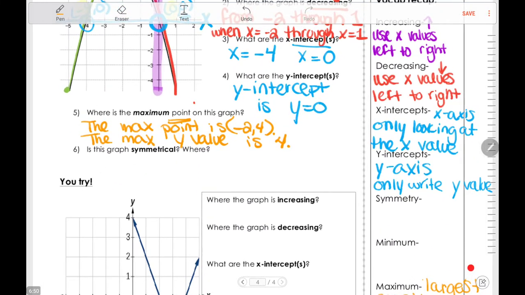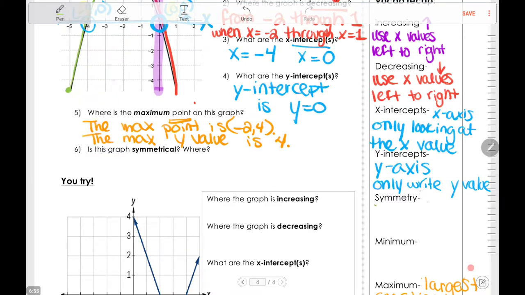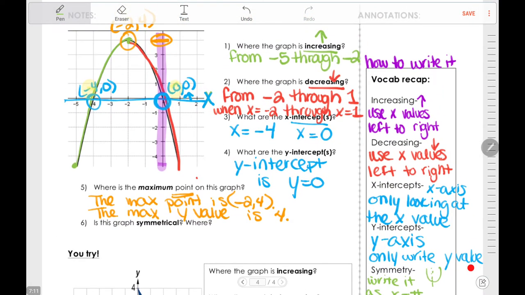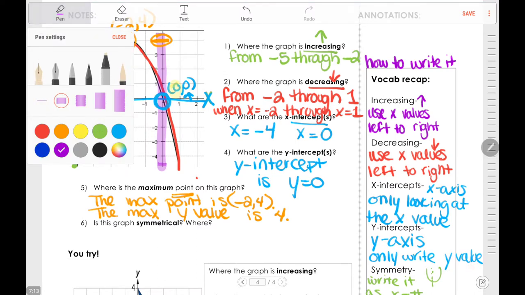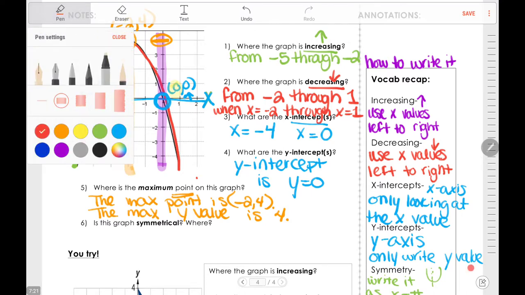Okay, symmetry. Is where it cuts it in half. All right, so where it cuts it in half, right down the middle. But we write it as x equals some number. So if I look here, this is my line of symmetry. And we write it as, is the graph symmetrical?